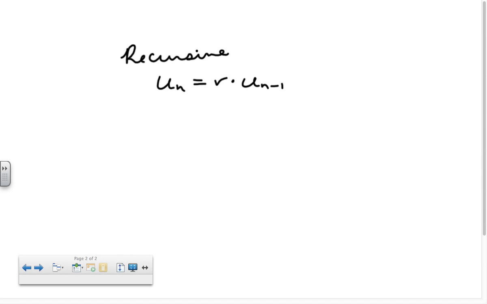So if I were looking for the 50th term, it would be u_50 equals r times u_49. With the recursive form, we also need to establish the first term. Once we know those two, we can use the recursive form to find whatever term we need, as long as we are going consecutively. I would not use that formula other than just to know the formula.